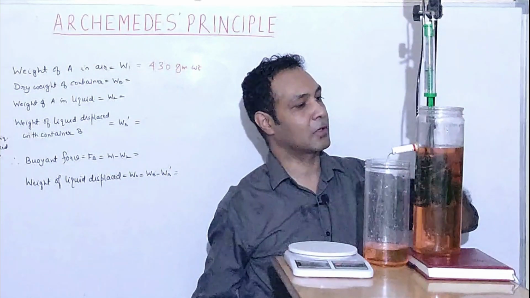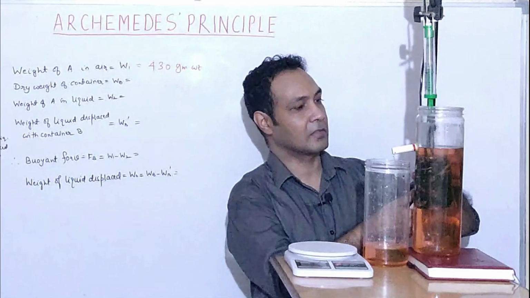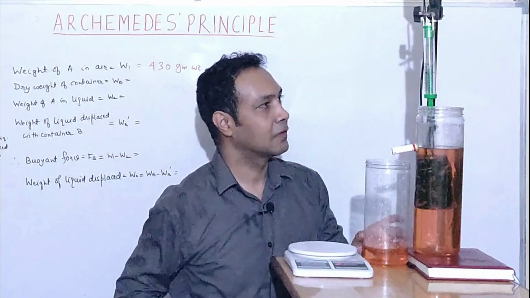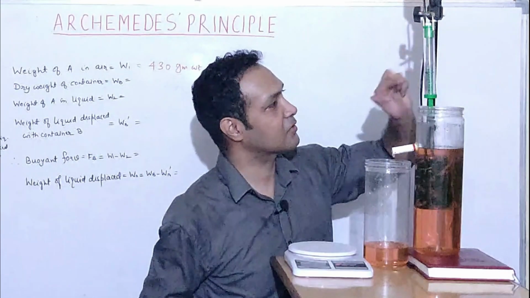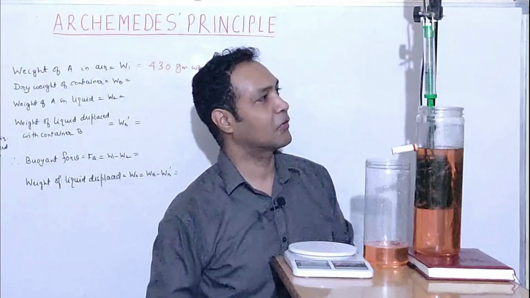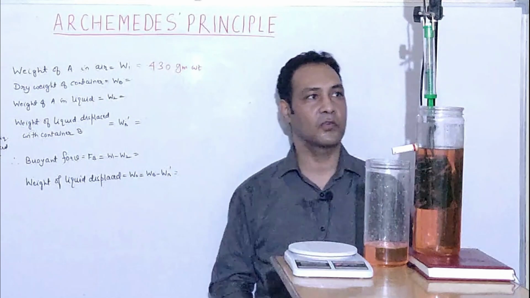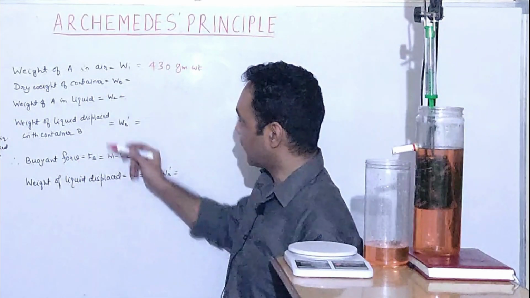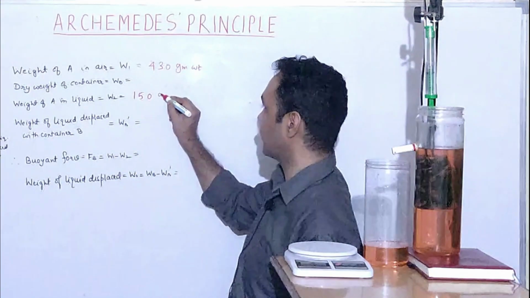Now this is totally inside the liquid. The reading has decreased to exactly 1.5 into 100, meaning 150 gram weight. The reading of this spring balance is now 150 gram weight, so that is W2. So the weight of A in liquid, W2, is 150 gram weight.